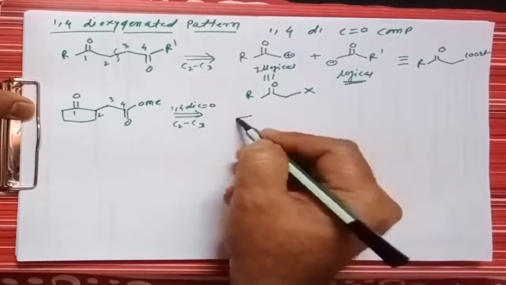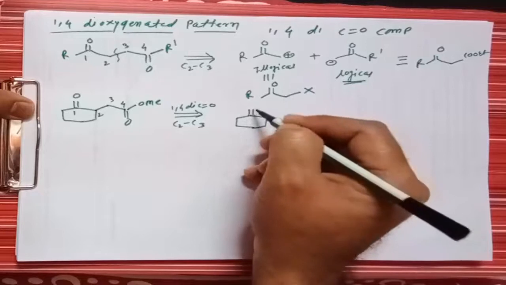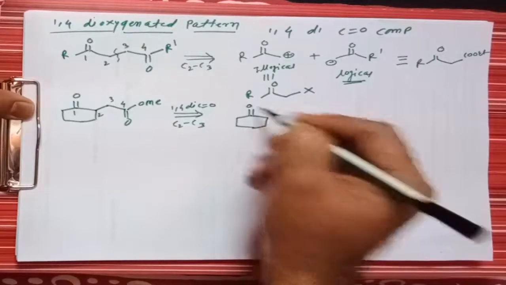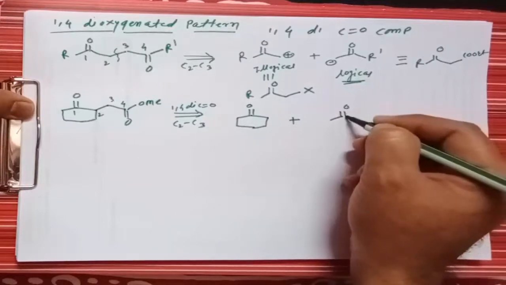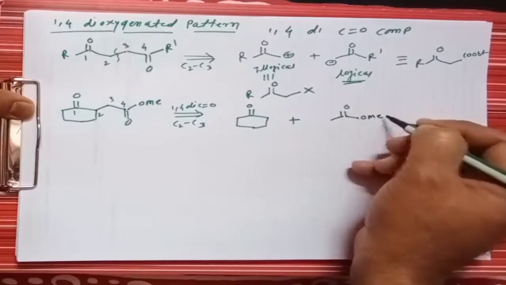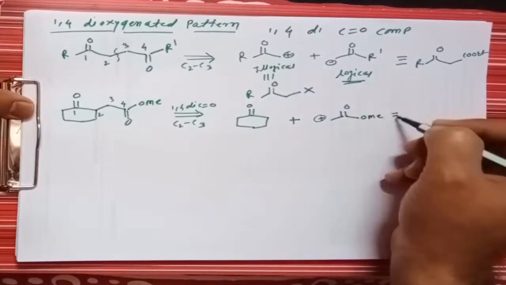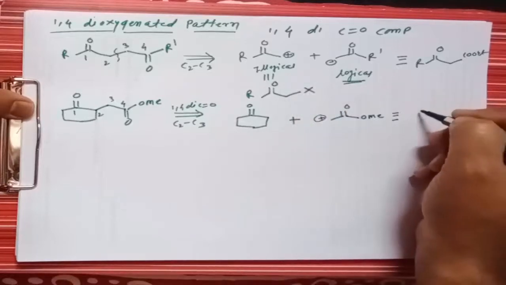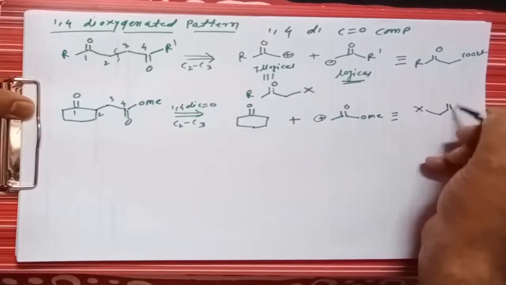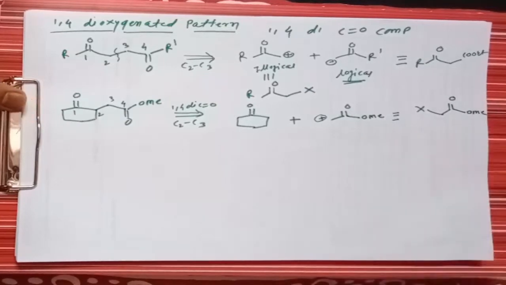After breaking it, from one side it gives cyclohexanone, and along with the other side it gives C double bond O OMe, but containing a positive charge. We know that if there is such type of positive charge near the carbon, we can take the alpha halo group at this position. So you can take the fluoro or the bromo compound in this way. So this is the good synthetic route.